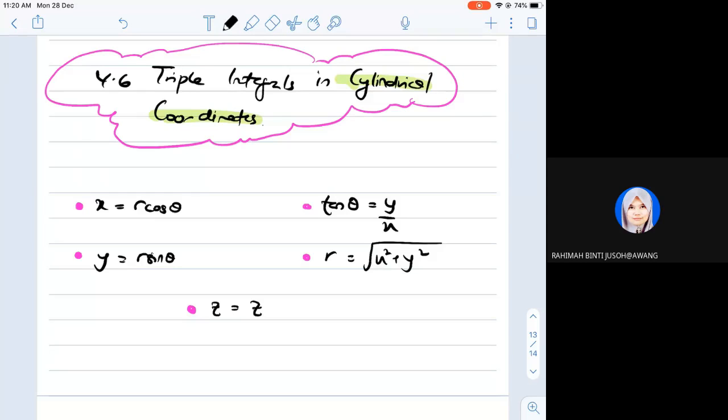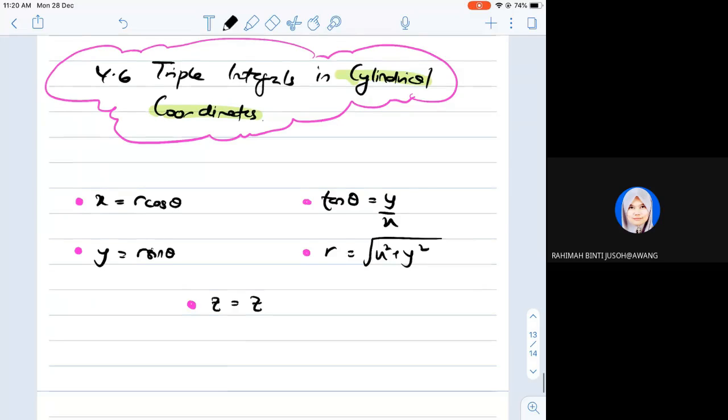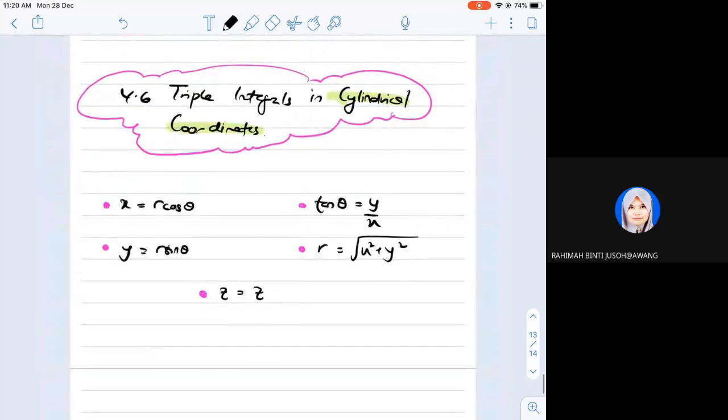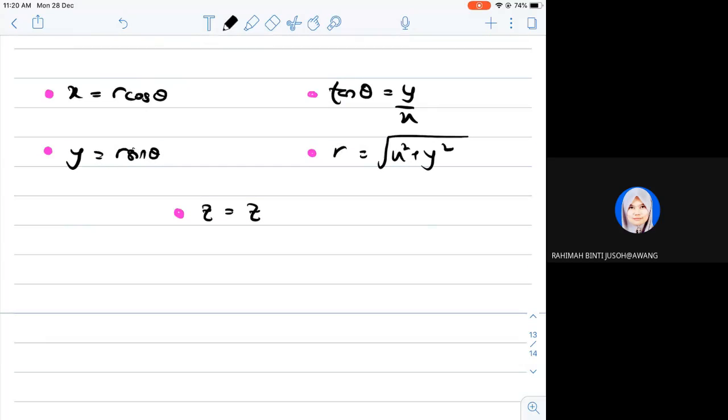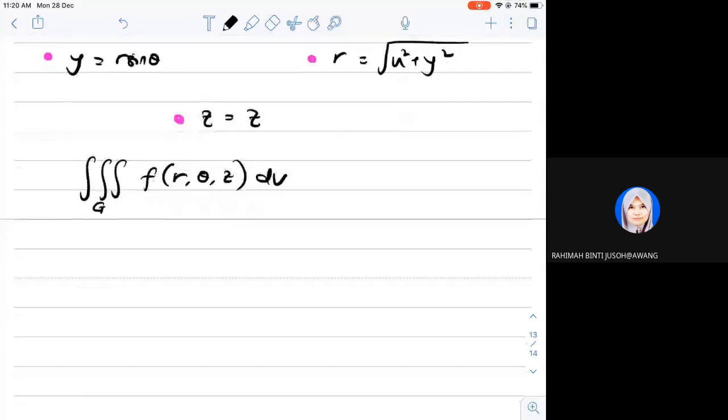Only z is the same; for x and y, it's different. So now the triple integral in cylindrical coordinates would be like this. We will have the triple integral over the same region G, but our function is now in terms of r, theta, and z, dv, like this. So, what happened here, guys?